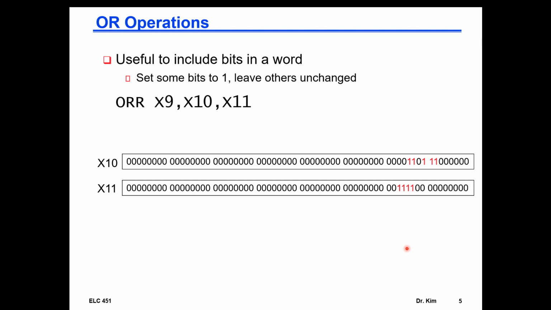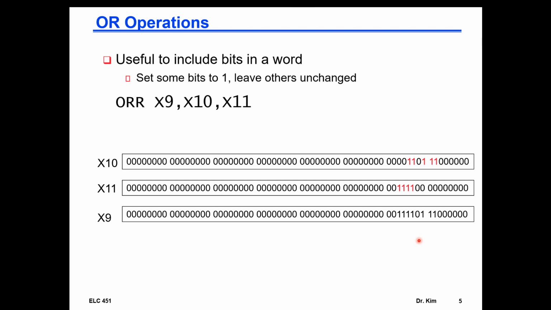The OR operates the same way, bit by bit OR of the data. So in this case, you can see that these 2 are 1 and these 2 are 0, so we get 1, the ORing of that, and so forth. Okay?